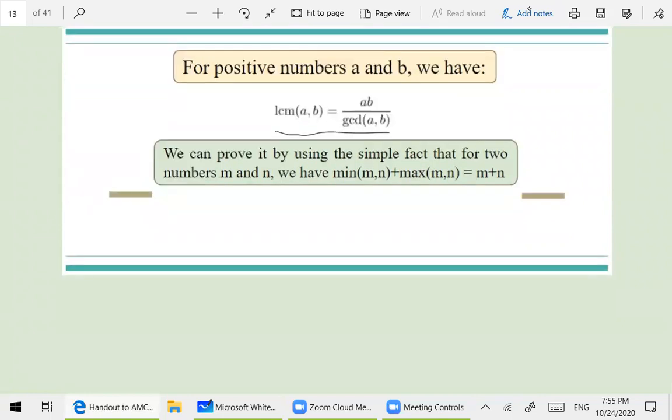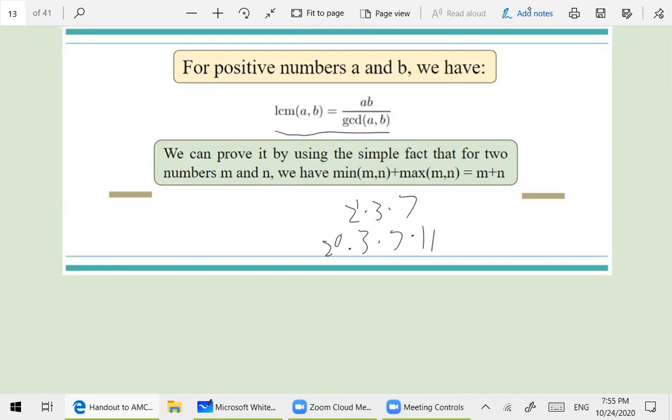One method for determining the GCD is by prime factorizing the two numbers. For example, 2 times 3 times 7 and 3 times 7 times 11. Their GCD is the smaller of the two exponents for each of the prime factors.